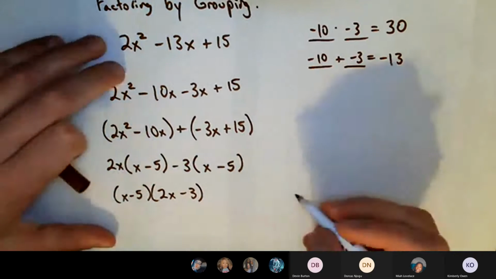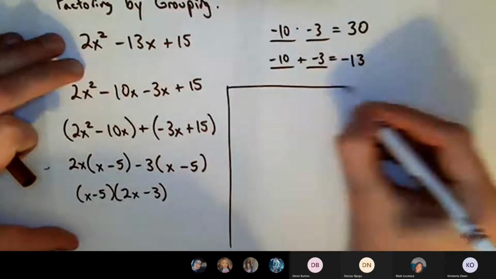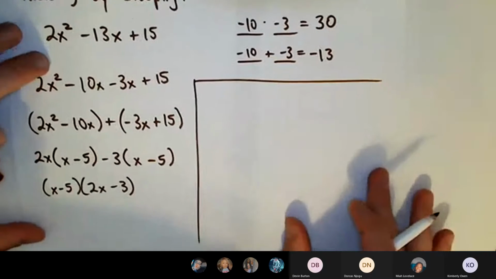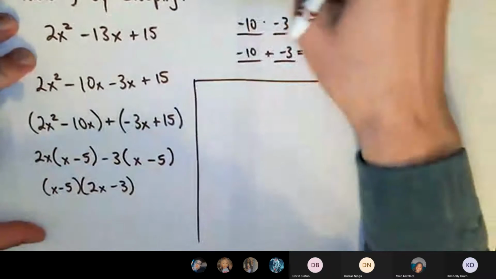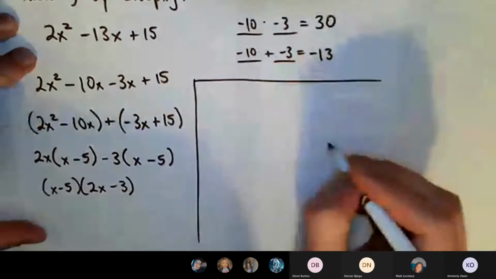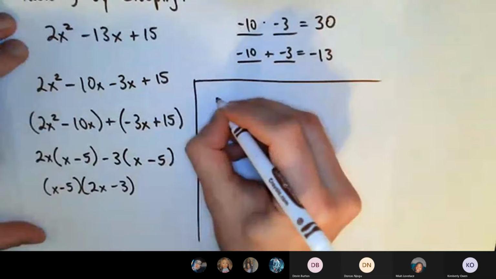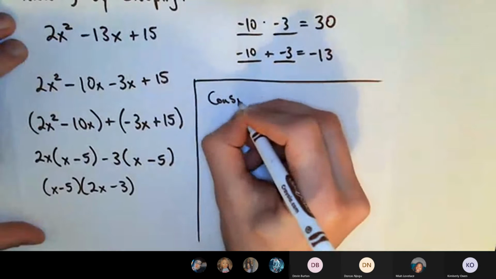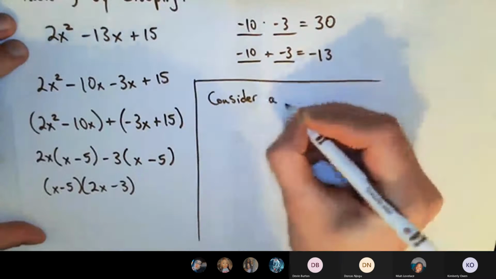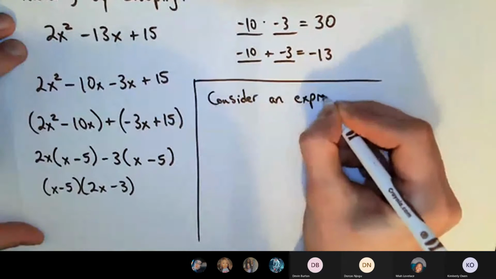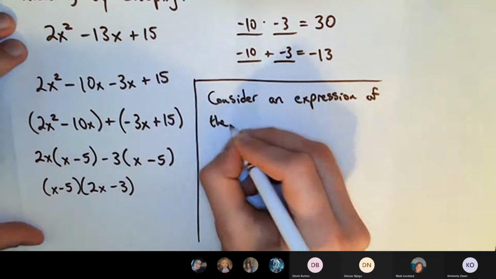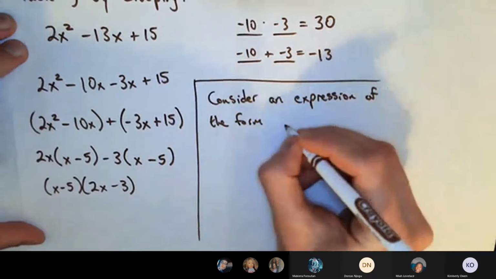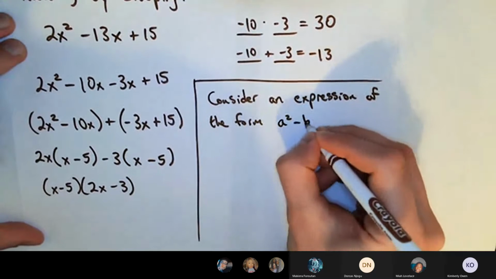Let's talk about factoring a difference of squares, which I asked you to look at. So I'm going to go quickly through this and assume that you reviewed factoring a difference of squares. So consider an expression, a polynomial expression, of the form a squared minus b squared.